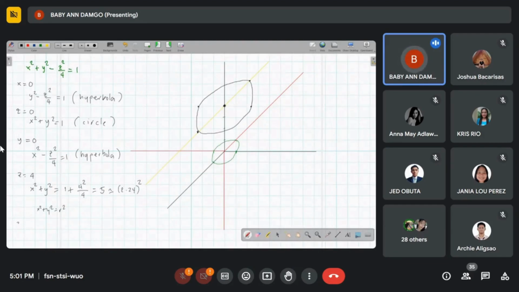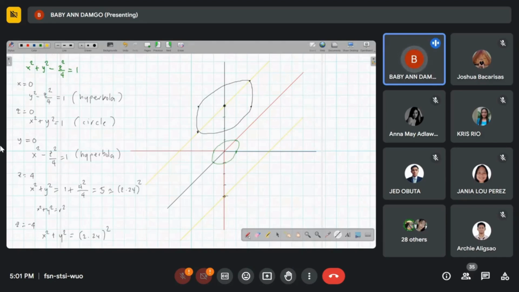So for z equals negative 4, so the same ra gihapon ang result kay square man ang z. So we have x squared plus y squared is equals to 2.24 squared. So we have 1, 2, 3, 4. So anita mag-start. And then we can create an imaginary line. Okay, here.